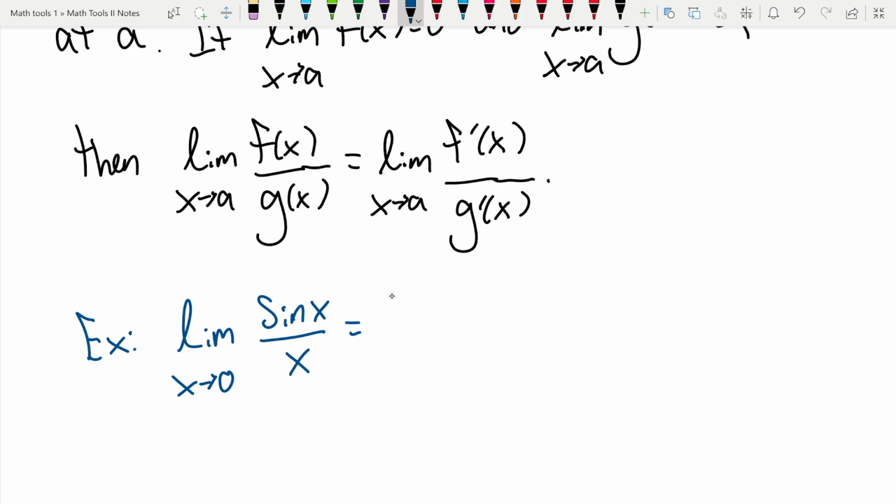If we do direct substitution here, we get 0 over 0 because sine of 0 is 0. So we take the limit as x approaches 0 of the derivative of the top, which is cosine of x, and the derivative of the bottom, which is 1. Cosine of 0 is 1, so when we plug the limit in, we just get 1. A much easier approach than using the squeeze theorem.